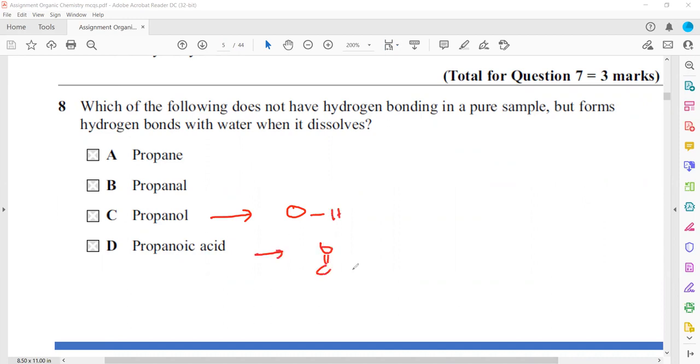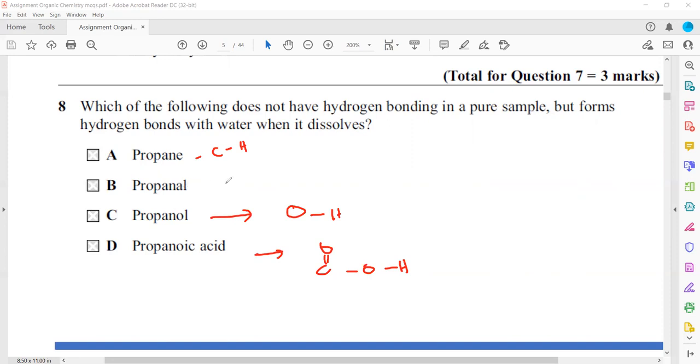All the carboxylic acids too, because hydrogen bonding occurs when hydrogen is directly bonded with a highly electronegative element such as oxygen, fluorine or nitrogen. In propane, there is no hydrogen bonding. Why? Because the carbon is directly attached to hydrogen and there is no lone pair.